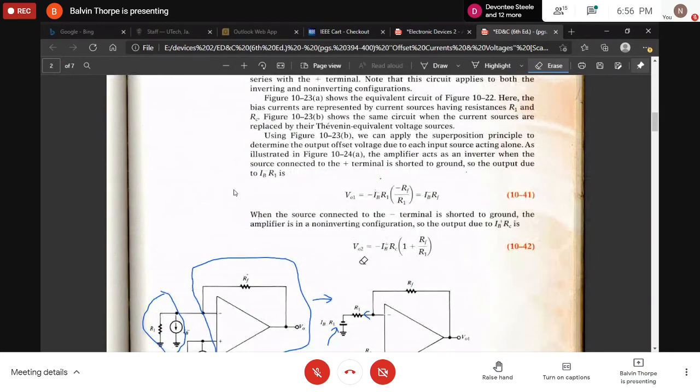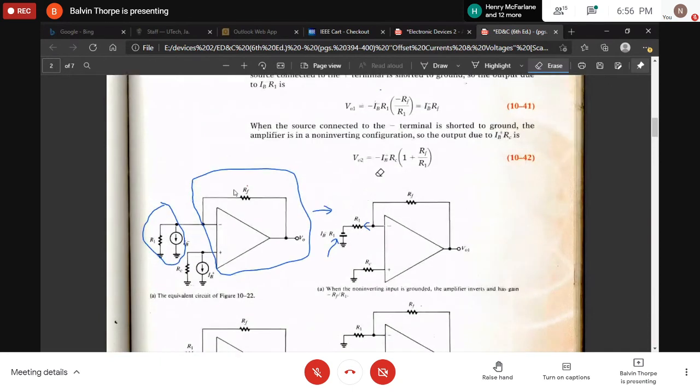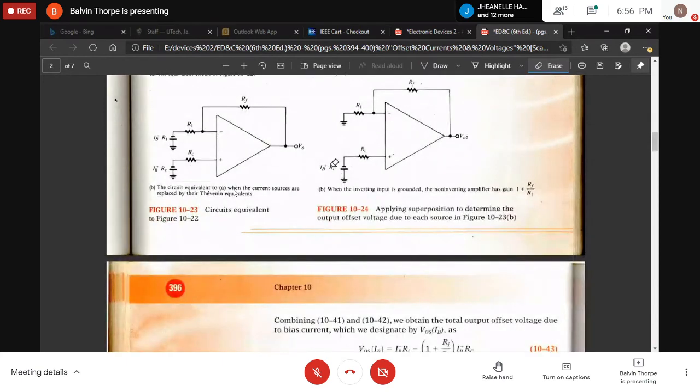So the output voltage VO2 is going to be the input voltage times the gain of the amplifier.